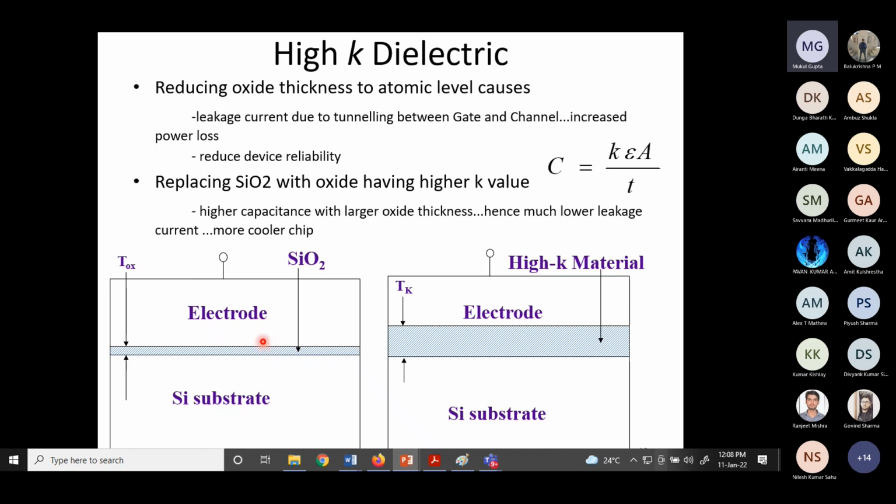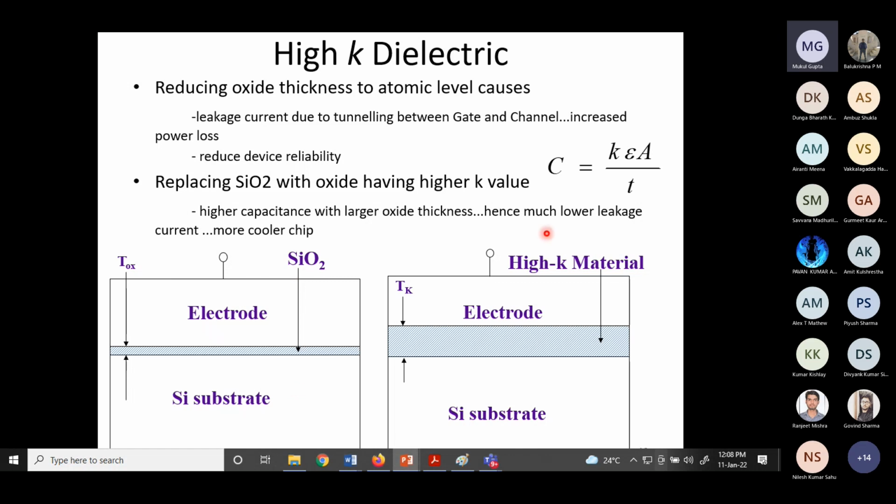Then only your control will remain from the gate side, otherwise you will lose control from the gate side. So mathematically, we need to reduce Tox to keep your capacitance more or less at a healthy value, so that you can maintain this control, right?